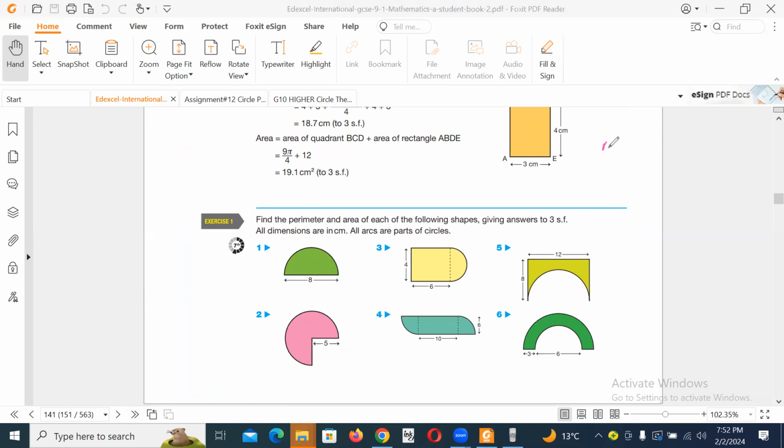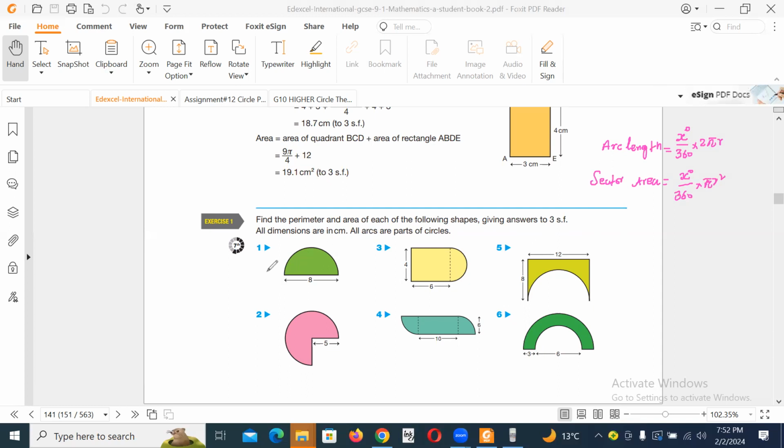Arc length of a circle equals x over 360 multiplied by 2 pi r, where x represents the angle. And sector area: the formula is almost the same, x over 360 multiplied by pi r squared. I will use these 2 formulas also.